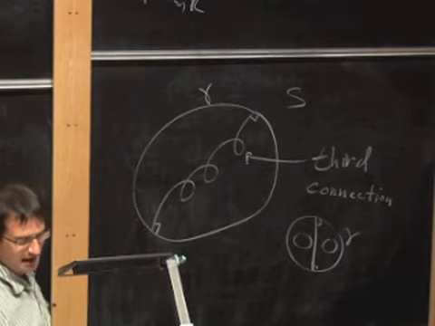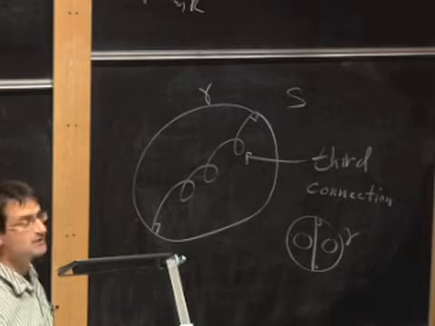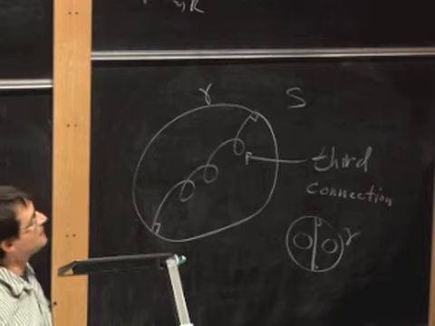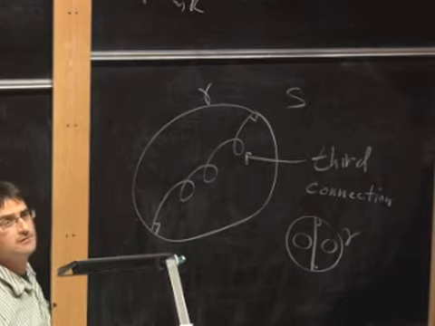This is the expected number of connections. And then there's some error term, and the point is that the error term grows more slowly than this.